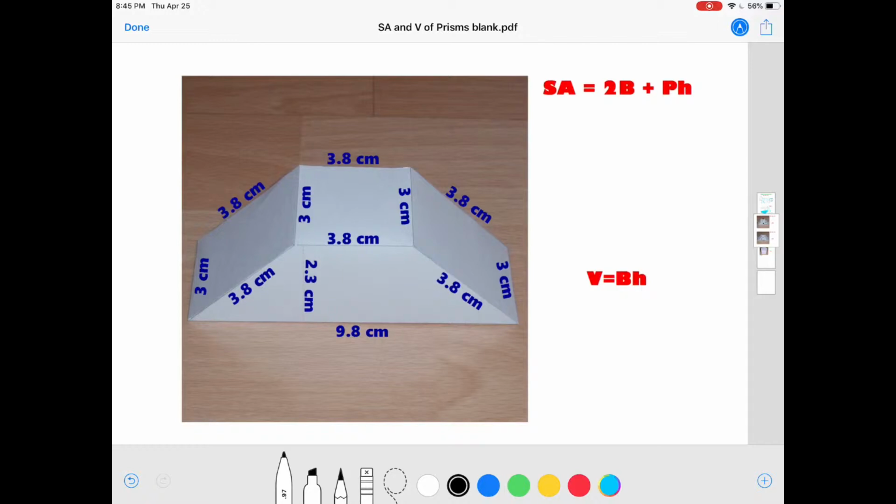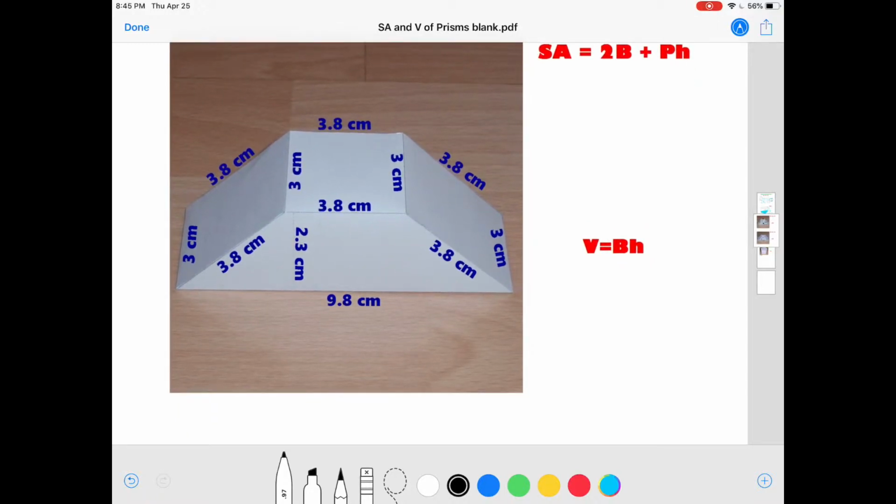So here's some measurements actually put on there. Let's do this one together. I really like to structure these all sort of the same. So the first thing I find when I'm doing one of these problems is I find capital B. Will you guys all say, just out loud right now, what does capital B stand for? If I were there, I would be listening to hear, did you say base?